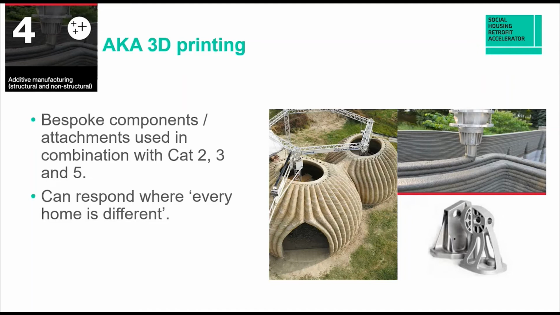I think this is particularly exciting in the sense that it could allow for homes to be scanned using digital methods and then individual components being 3D printed to attach a generic peripheral component like a panel, for example. This combination of MMC categories using platform approaches is where I believe there's a huge scope for retrofit to be industrialised.